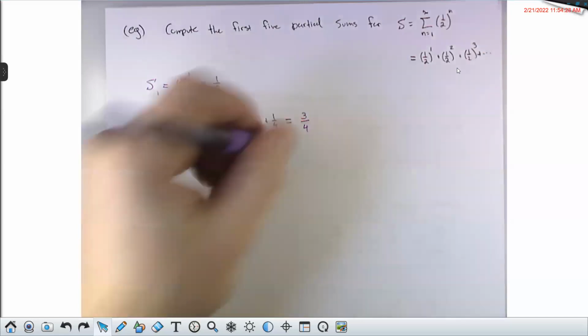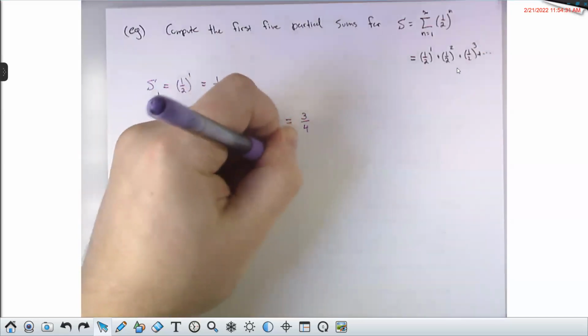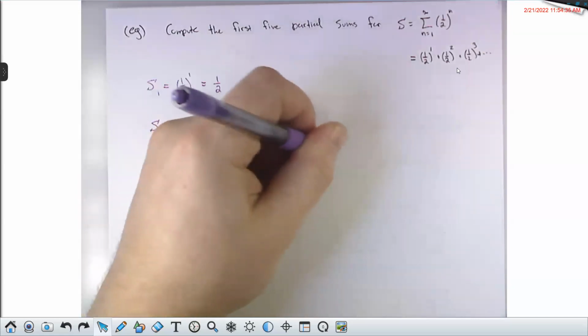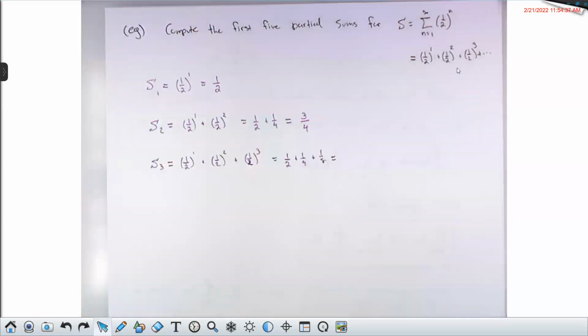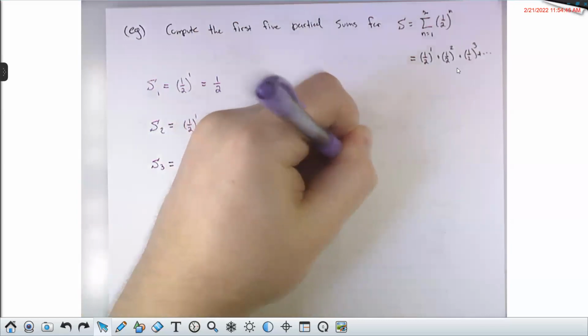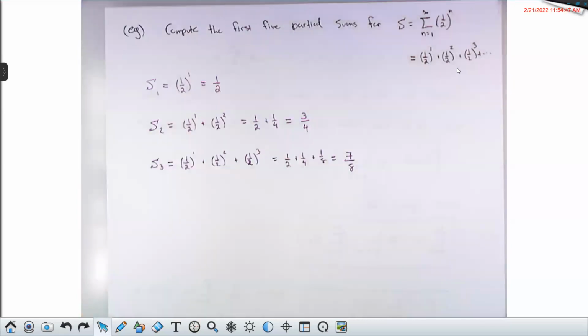So what's that? It's 1/2 plus 1/4 plus 1/8. And if you have a common denominator there, that's 7/8. You will probably see my arithmetic be weak a little bit today because there's a lot of it here. Just go slow and you'll be okay.